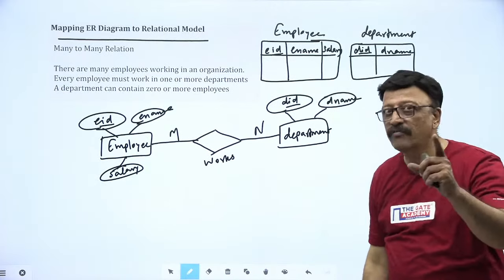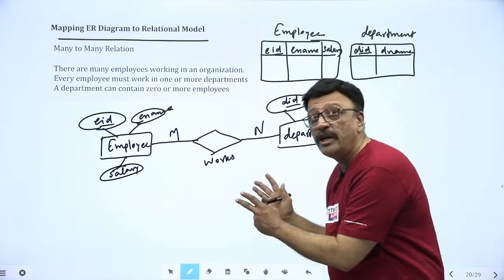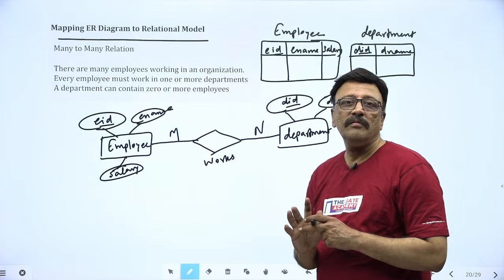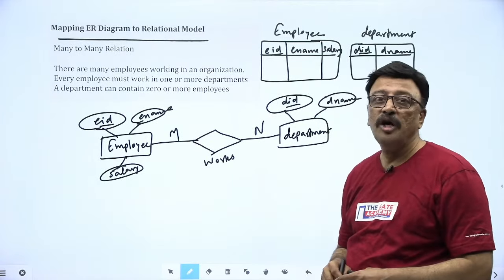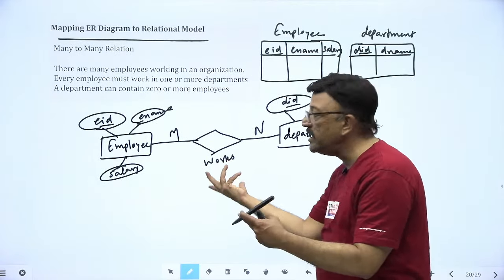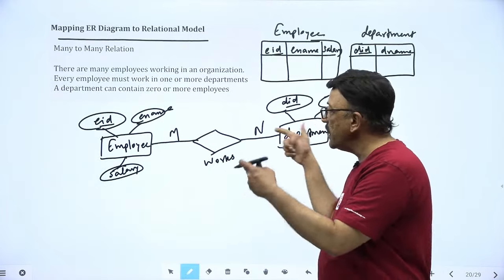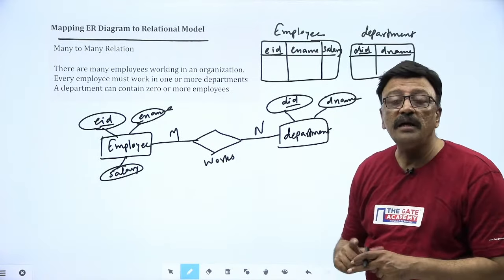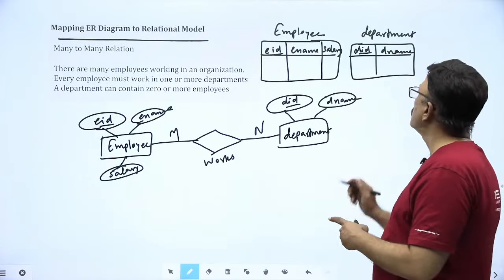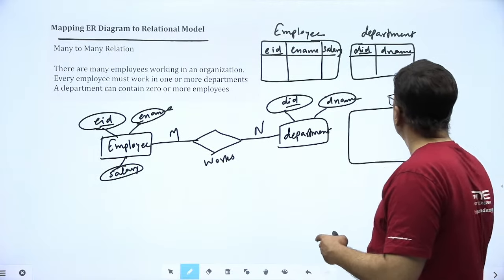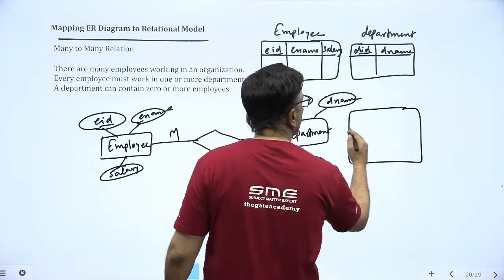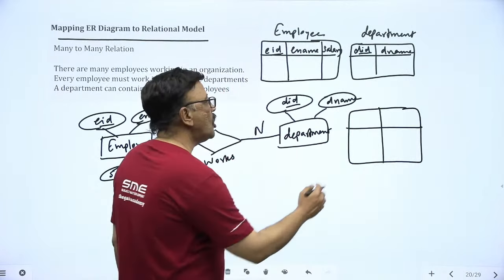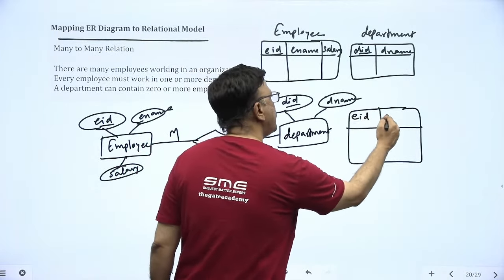Now listen carefully. We are talking about many to many relation. In many to many relation, we will have a third table created. Although you are not looking at a third entity here, there are only 2 entities related with a many to many relation, but there will be a third table created. The third table, I am drawing it here, will contain exactly 2 attributes or 2 column names, and the column names will be EID and DID.